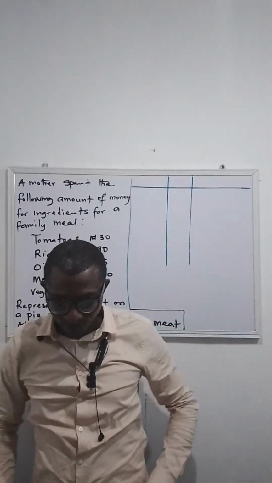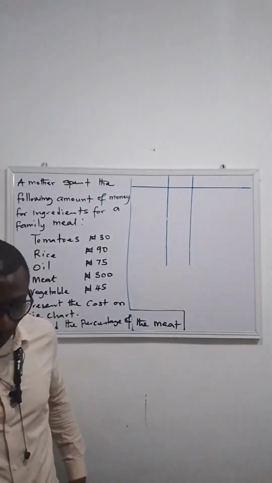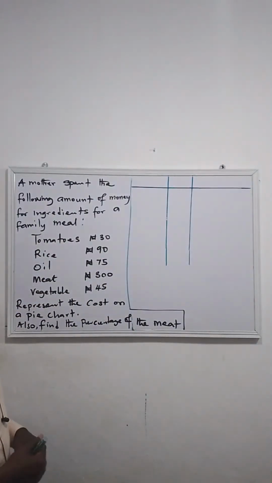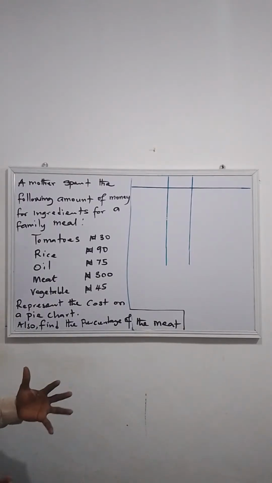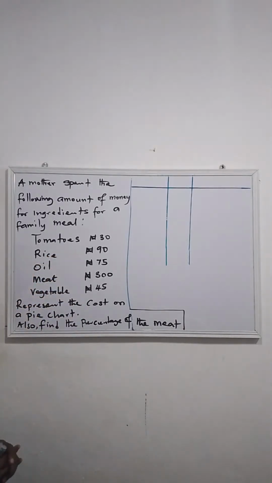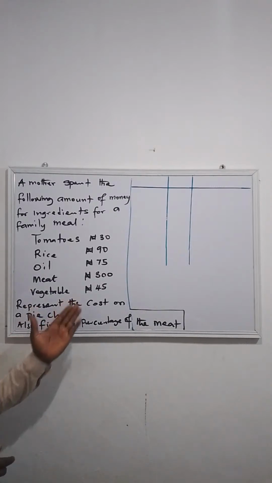All right. Let's look at the next question. The next question is under pie chart. A mother spends the following amount of money for ingredients for a family meal. We have tomatoes, 30 naira, rice 90 naira, oil 75 naira, meat is 300 naira, while vegetable is 45.